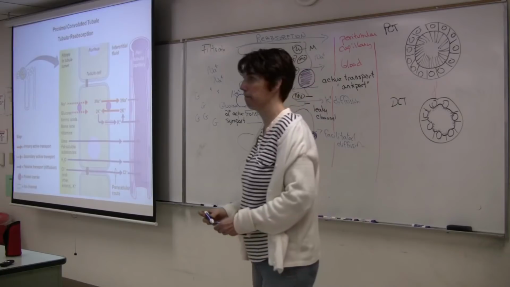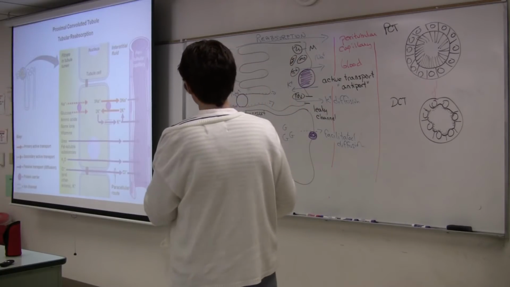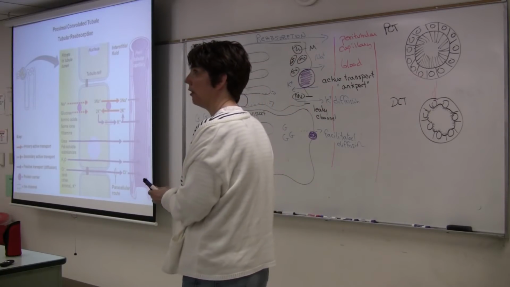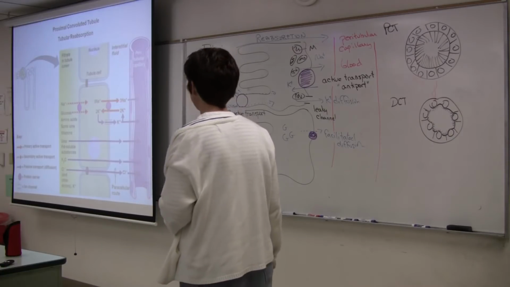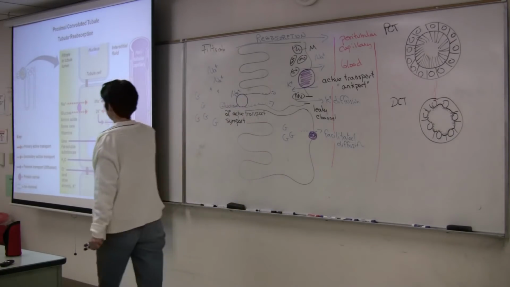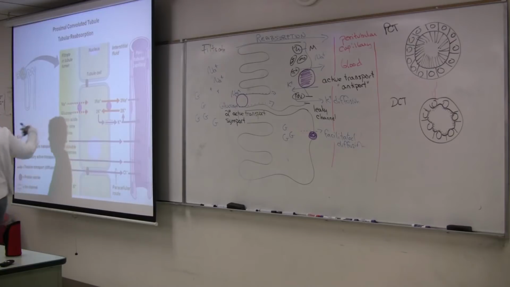Okay. Now, glucose isn't the only molecule that uses secondary active transport. As you can see over here on the graph, amino acids will be moved across the membrane at a faster rate. Certain ions, certain vitamins will move across at a faster rate as well because of that.